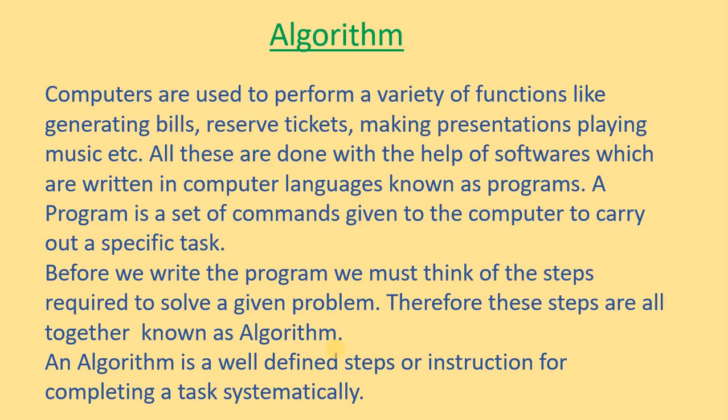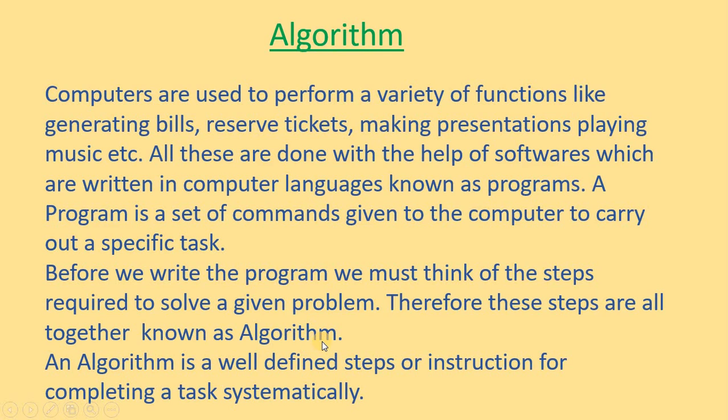When there is a problem and we want to solve it, we need to gather all the steps together. Now all these steps will work combinedly to form a program, and this program will give the specific, desired output that we want. Therefore these steps are all together known as an algorithm.